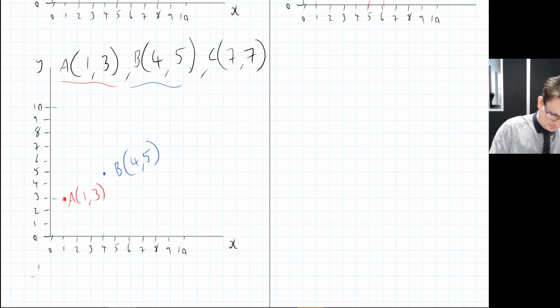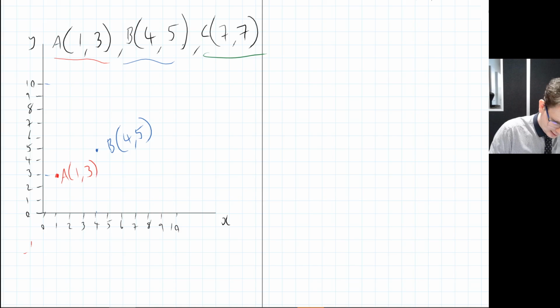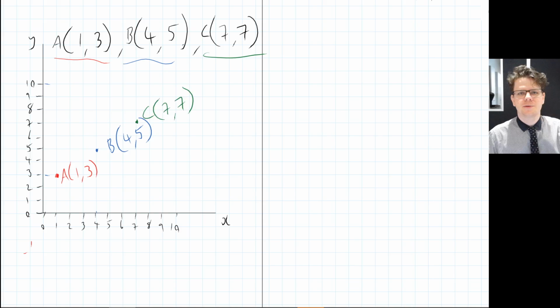And last one, C, 7 across and 7 up. That's going to be right there. Alrighty, so those are 3 points. You can see that they kind of almost form a straight line as we look through them, and that's something that we're going to be having a look at later.